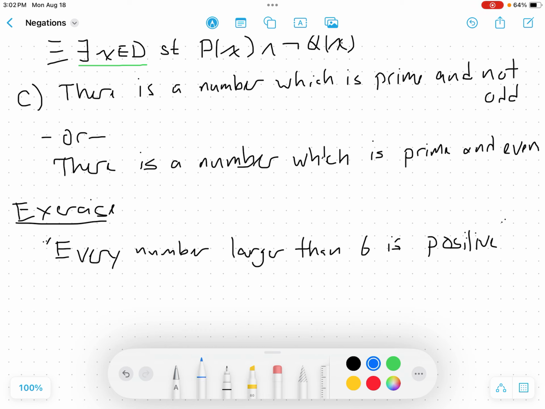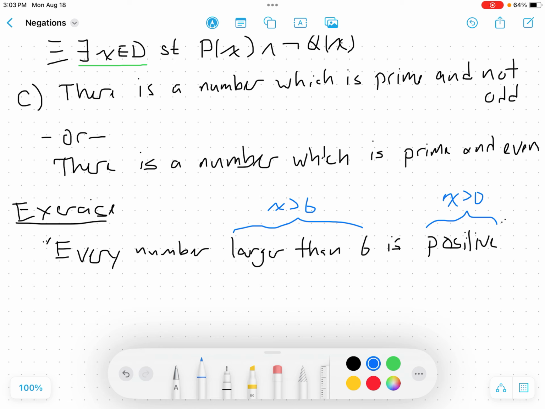Just as sort of an insert, larger than 6, we often denote that as x greater than 6, and then positive means x is greater than 0. So every number bigger than 6 is bigger than 0.